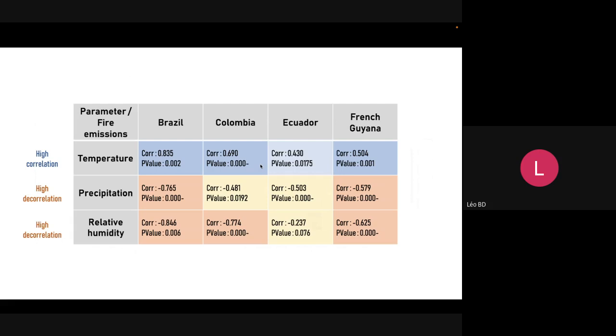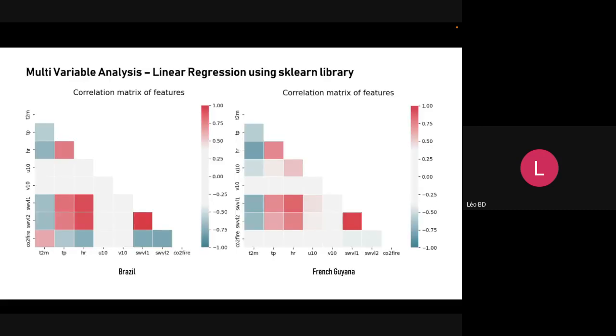Now, before going to the next slide, we have an overall view of the situation for each country and for each parameter, but we want to see if the parameters are maybe related to each other, and we're going to a next step, which is doing a multivariable analysis, and this is what I will show you right now.